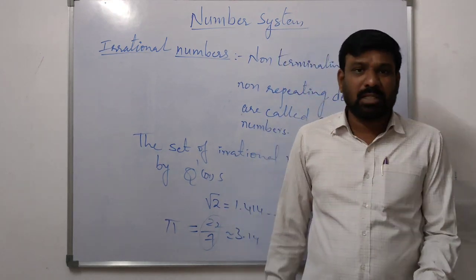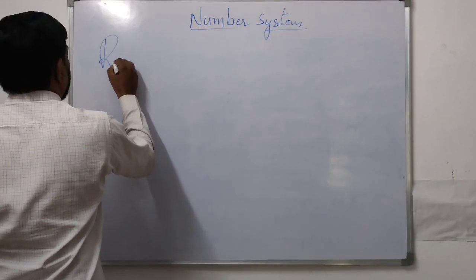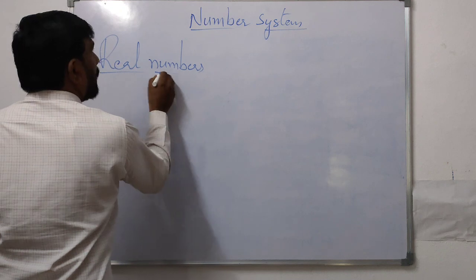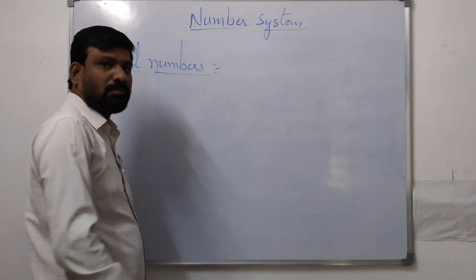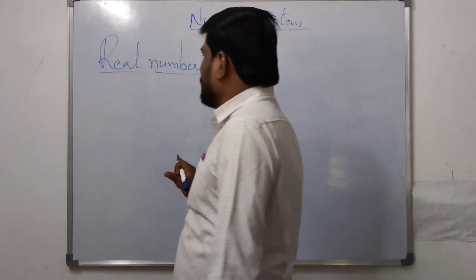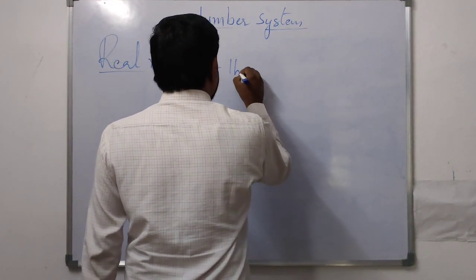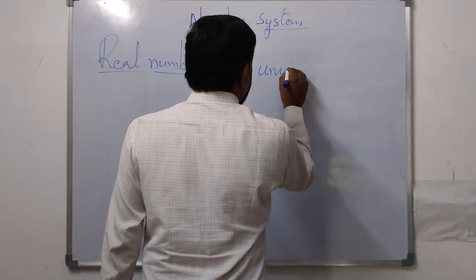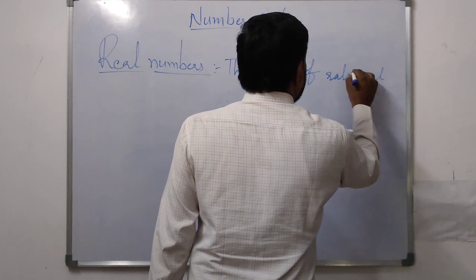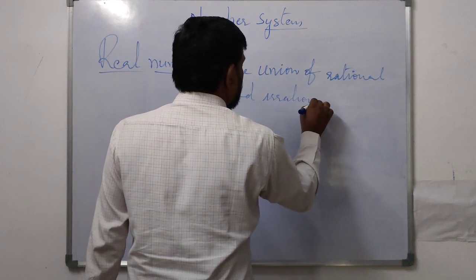Now, after the irrational number definition, next is real numbers. Real numbers are nothing but the combination of rational and irrational numbers.